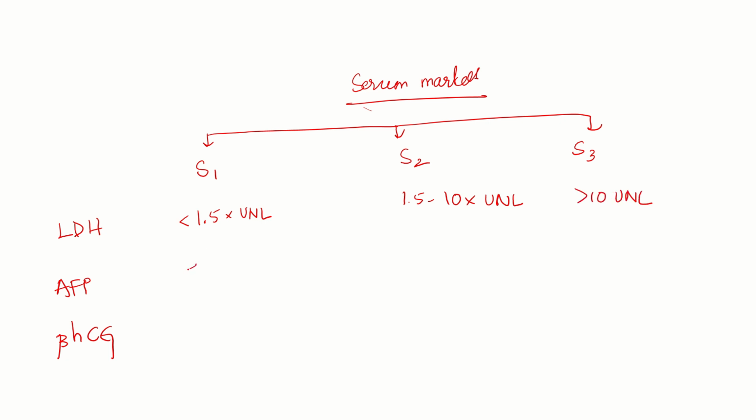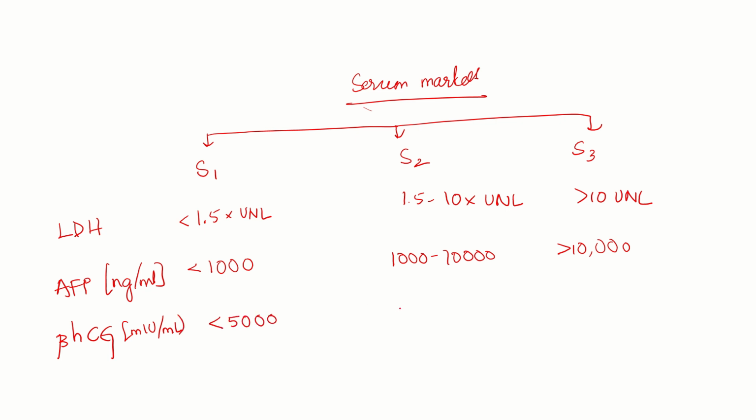AFP less than 1000 nanograms per ml, which is a standard unit, 1000 to 10,000, more than 10,000. Beta HCG levels, in milli international units per ml, less than 5,000, 5,000 to 50,000, more than 50,000.